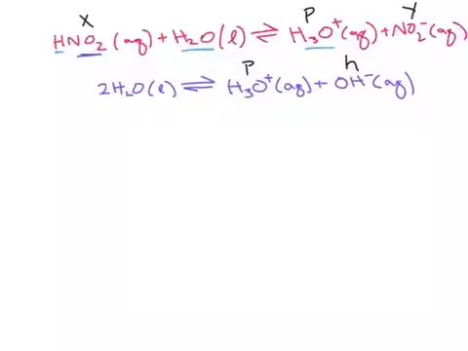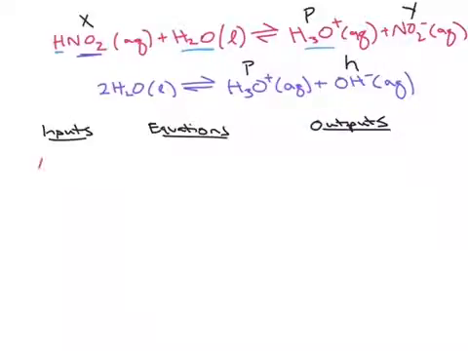So now we're ready to define our inputs, equations, and outputs. From the problem, we know that the concentration of Xi is equal to 0.25.